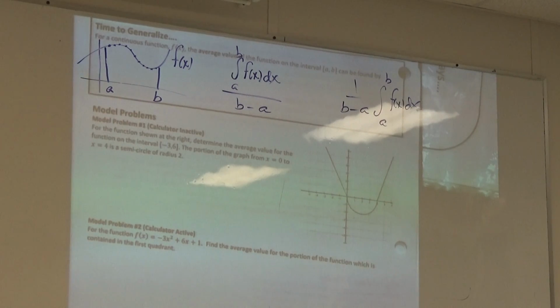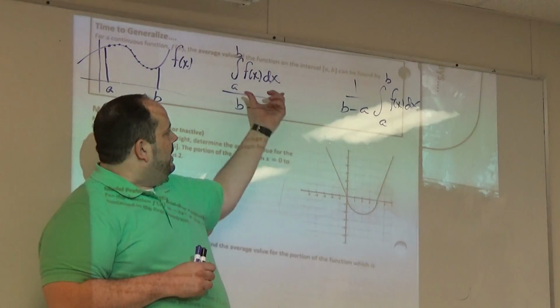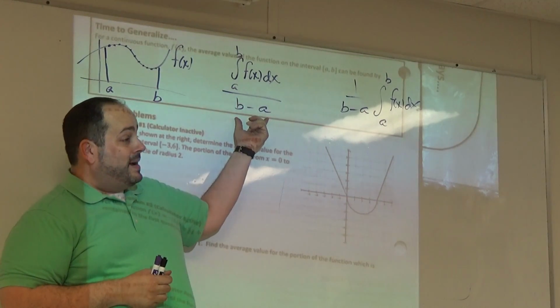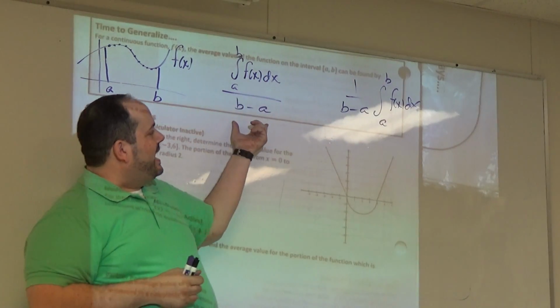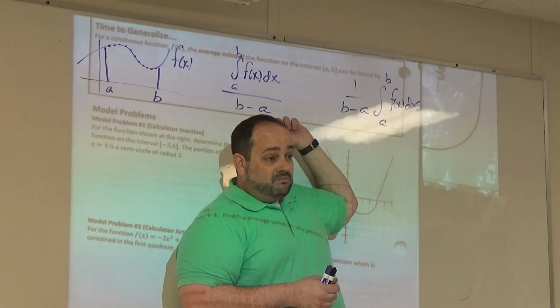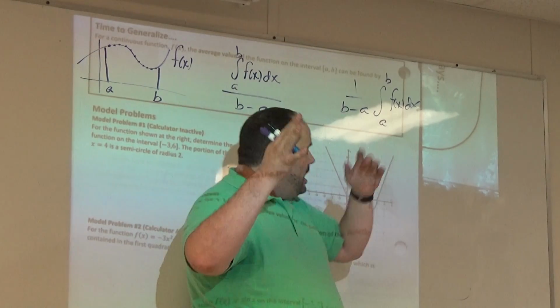If I look at this expression over here, the definite integral divided by b minus a, if this number was 5, to divide the area by 5, it's the same thing as saying 1/5 the area. So memorize it this way, it doesn't matter to me. Everybody good? All right, so let's do this.